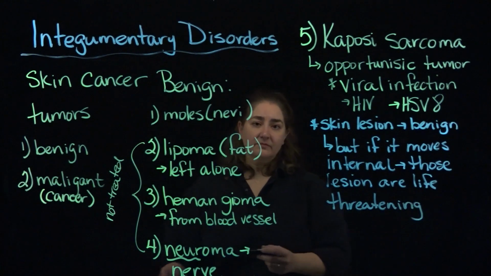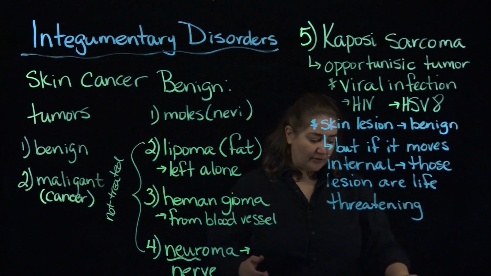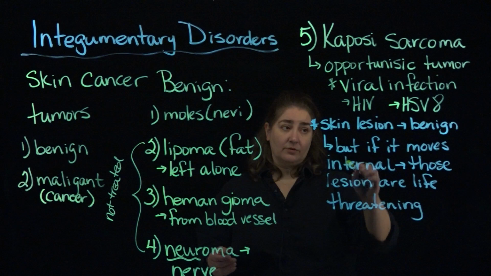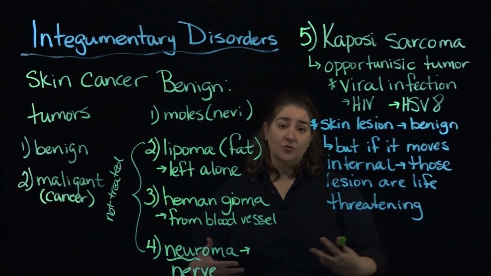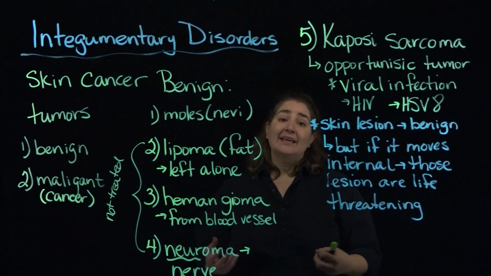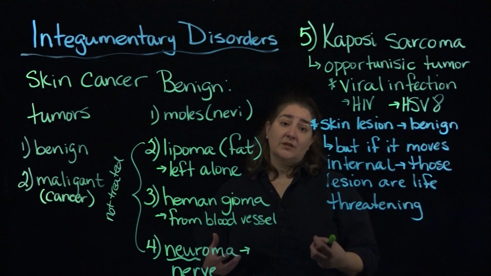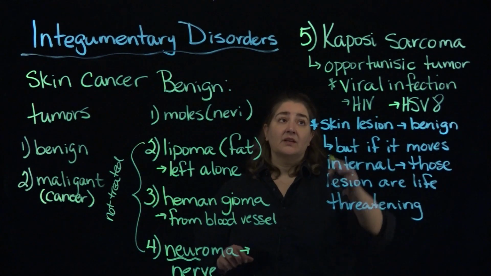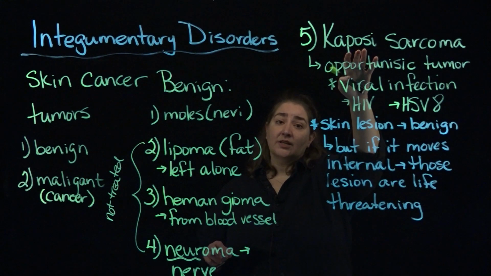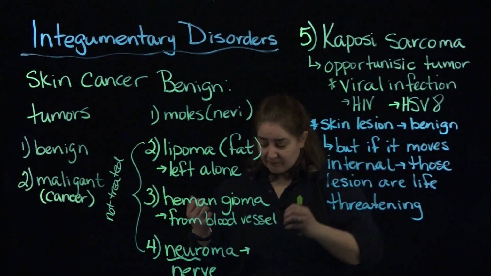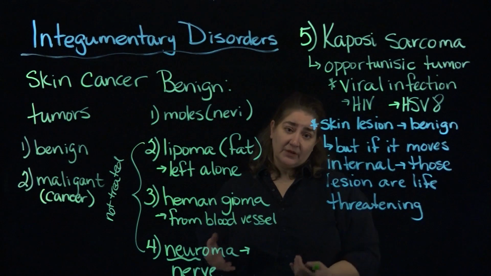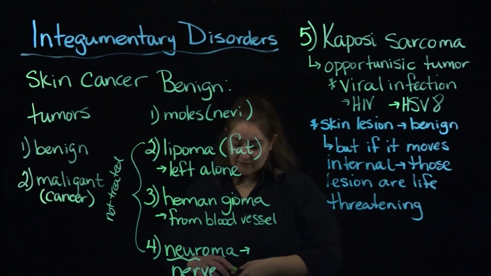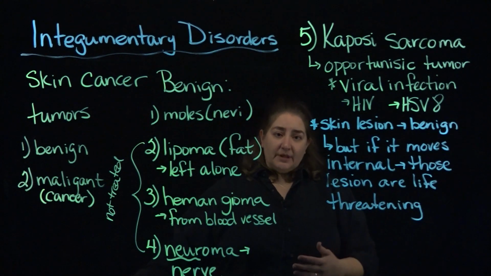So it's a matter of the primary tumor moving from the skin to internal regions. Then it starts growing, then it starts becoming cancer, it becomes malignant at that point. But the initial diagnosis with Kaposi's sarcoma, that's a benign type of tumor. Hopefully that makes sense.